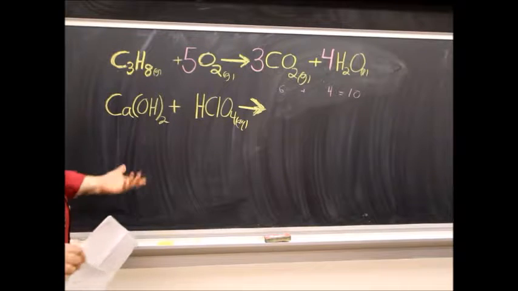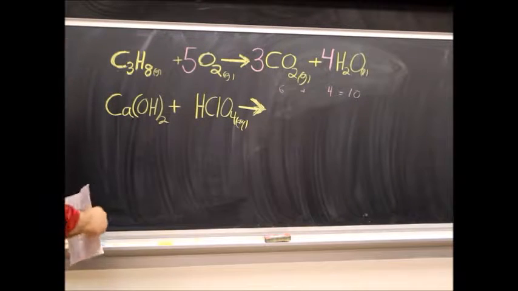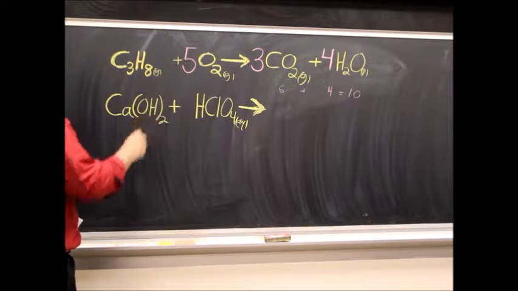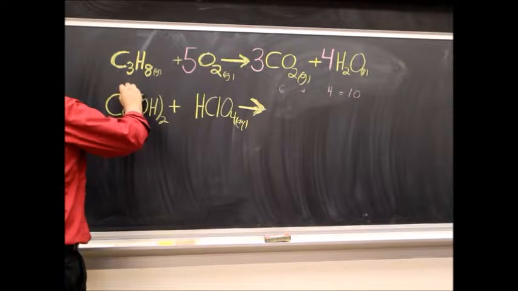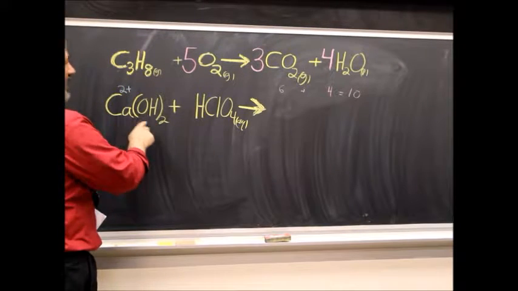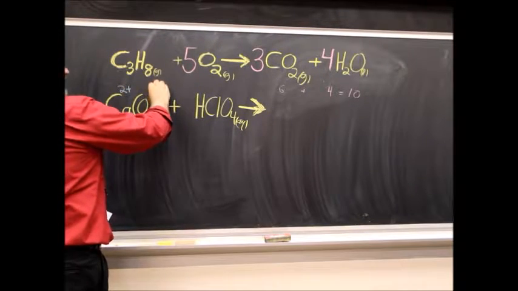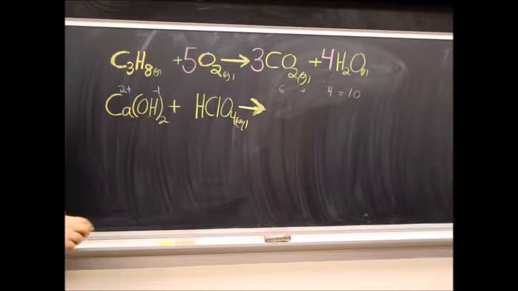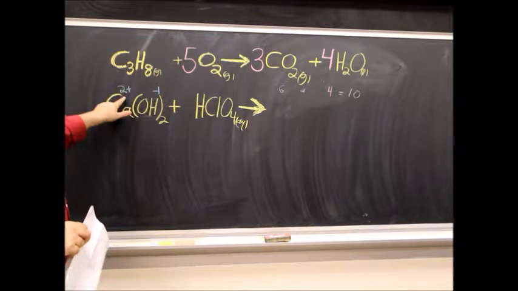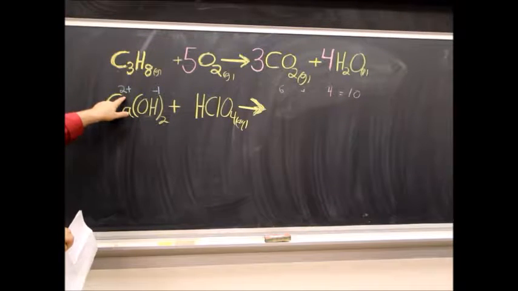Even if you didn't recognize that, you could still solve this as a double displacement. Hydroxide is -2. Calcium is +2. I'm sorry, hydroxide, we have 2 hydroxide. Let me walk that back. Hydroxide is -1. We have 2 of them, so that's an overall -2 charge, which is fine because calcium is +2.